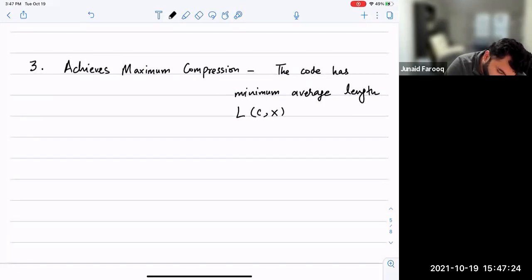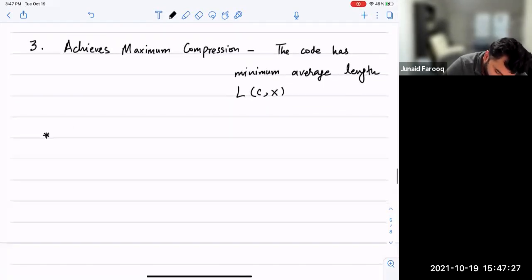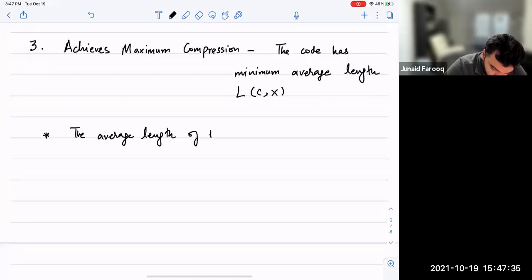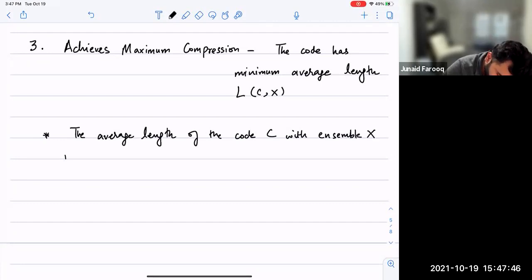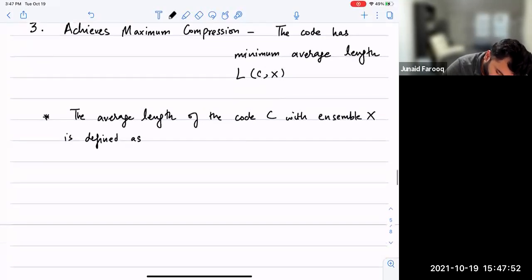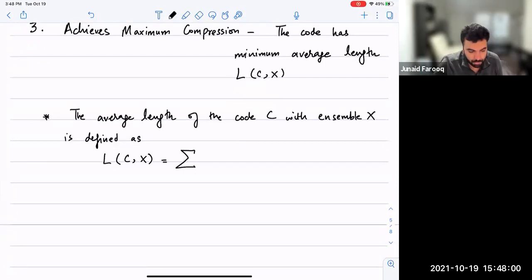So important fact here, the average length of the code C with ensemble X is defined as L_C(X) is the average. So because it's a random variable, you have to take the expected value.